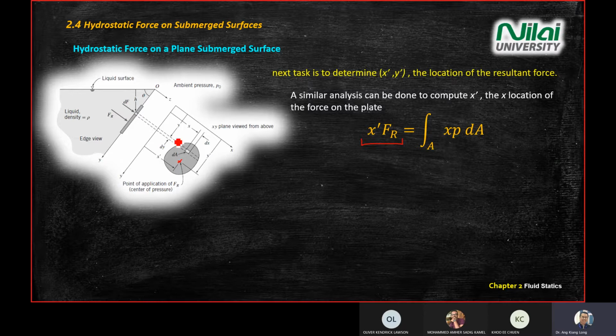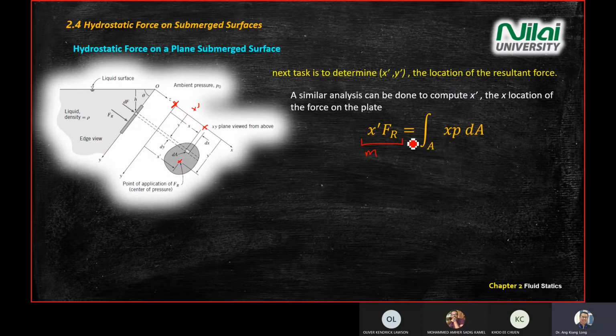So the first equation is a moment from x here, from your x location. So x prime, let's say over here, from here to here is x prime. So you have a force on this location, you create a moment.